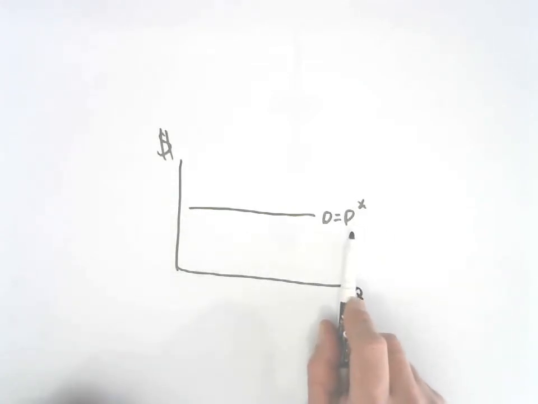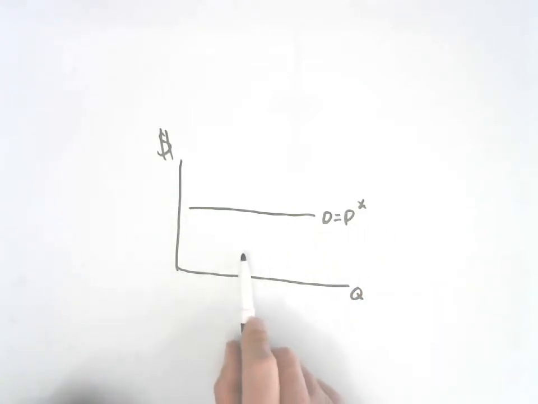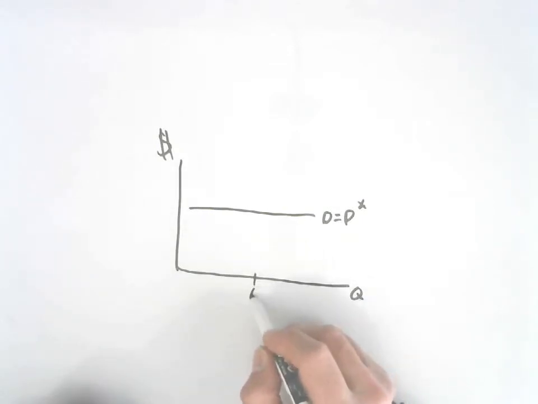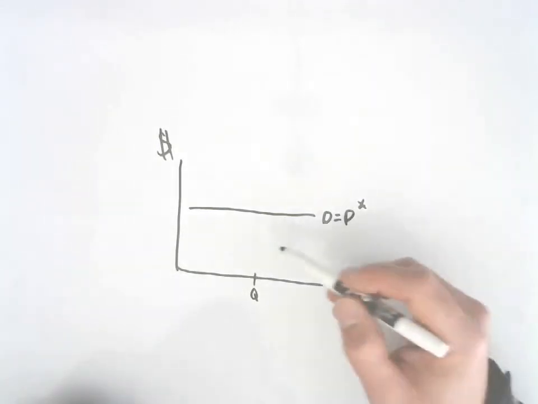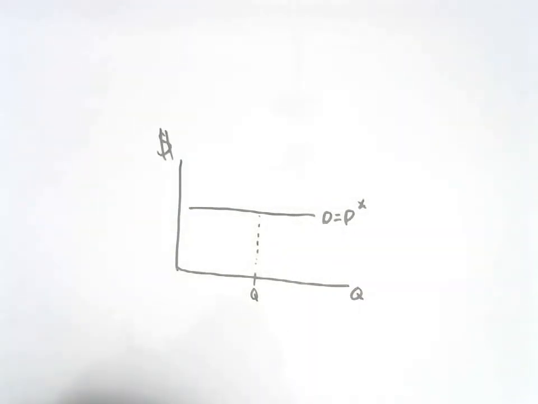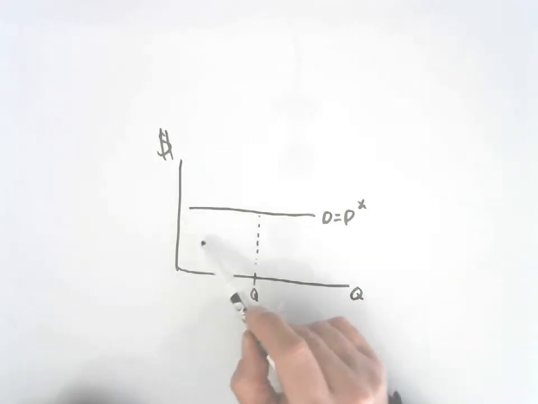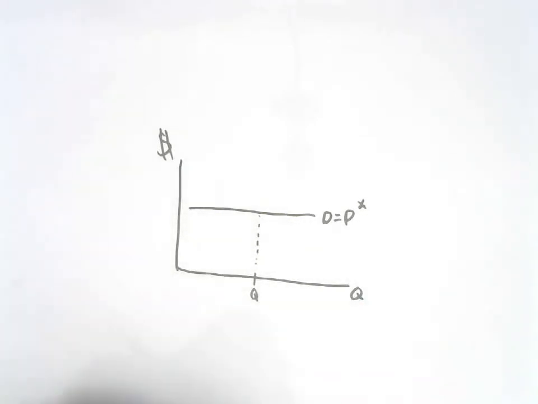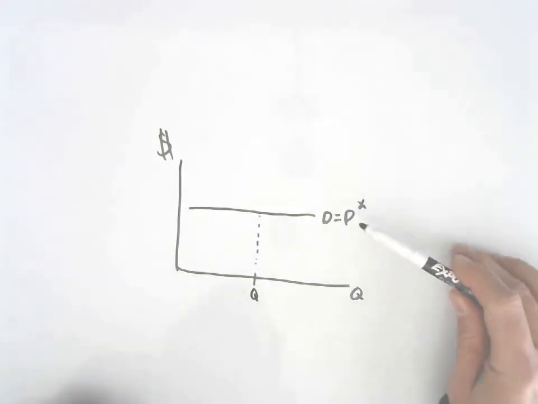Well, we've got the price level. If we choose a Q on this graph, and Farmer Bob sells that level of Q, well, guess what? That's P times Q. That area there is Farmer Bob's revenue that he generates from selling Q units of a product at P star price level.